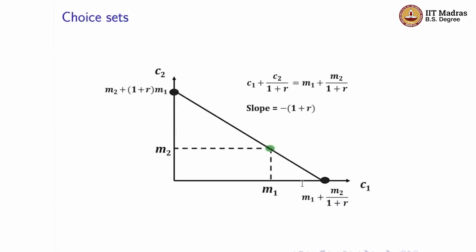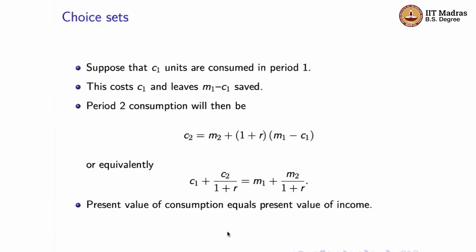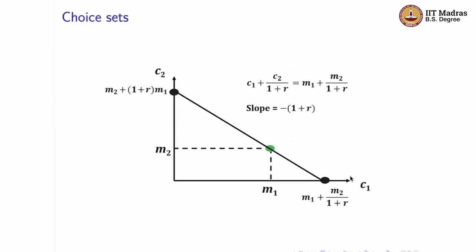Okay, we can plot this here. We already have these three points, and what this told us is that the slope of this line is a constant, and therefore this is a straight line. In fact, the slope of this line is given by minus (1 plus R). Where are we getting this? Basically, if you choose to consume one more unit today, that means you are saving one unit less.